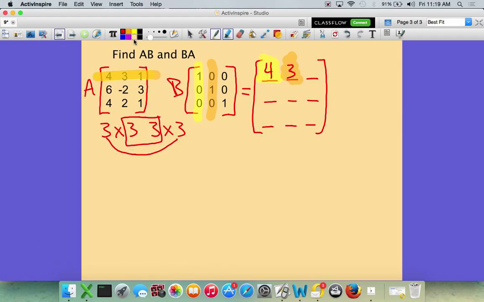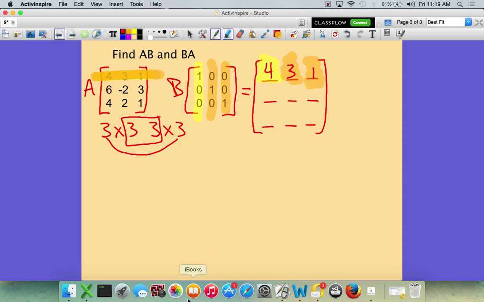Does that look familiar? It should. Our next spot is over here. We are taking row 1, again, times column 3. So when we do that, we've got 4 times 0 is 0, 3 times 0 is 0, 1 times 1 is 1.